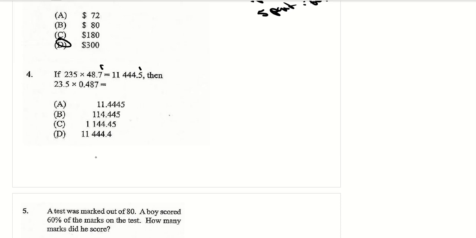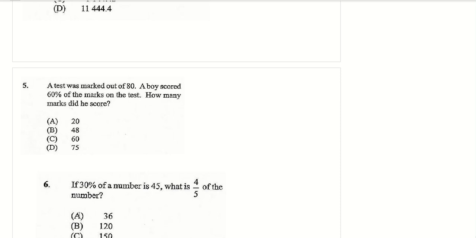So we can deduce that 235 times 487 would give you 114445. Here now we have how many digits? 1, 2, 3, 4. So you have to shift it 4 places. So the answer is 11.4445. So it's A.